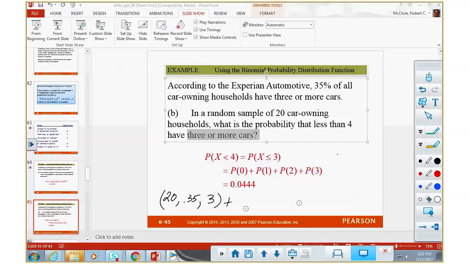Plus 20, 0.35, 2. Plus 20, 0.35, and what? 1. Plus 20, 0.35, and what do you think the last one is? This is the probability of no houses, the probability of 1 house, the probability of 2 houses, and the probability of 3 houses.